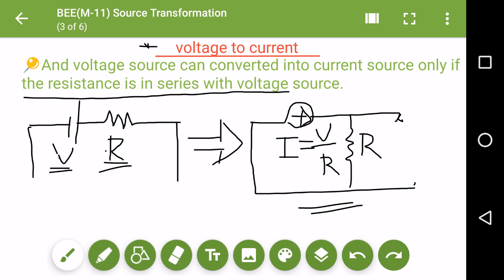You can see the current source value, which is easily found using the voltage: V upon R. The current source must be in parallel with your resistance. Here the voltage source is in series with the resistance, but after conversion the current source is in parallel with the resistance. So this is what source transformation is.